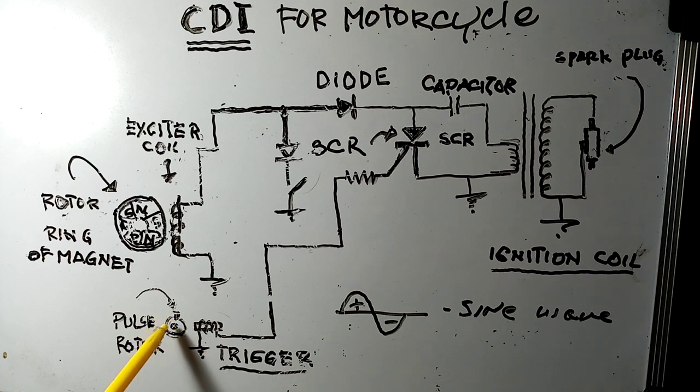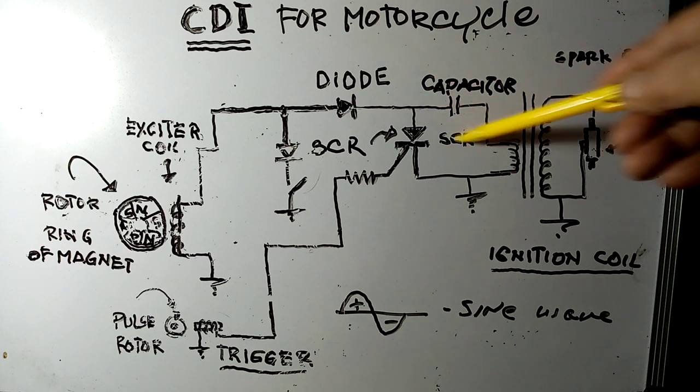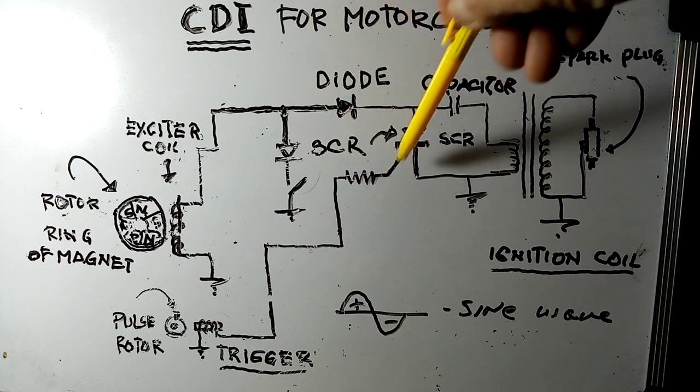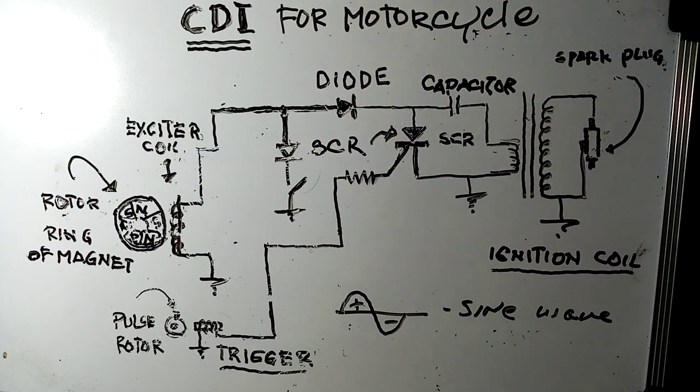When it rotates, that is the dwelling period of your storage, the dwelling period of a capacitor. When the magnet faces the coil here, it will produce a small amount of voltage, trimmed by resistors, and serves as a gate voltage.